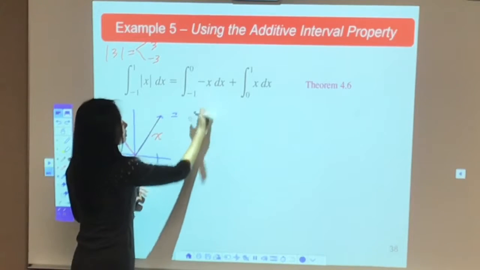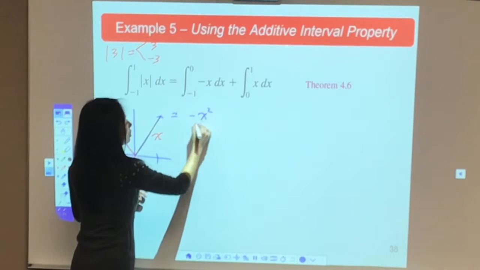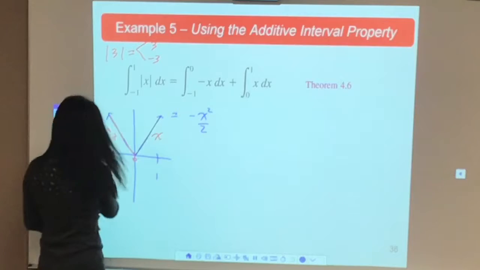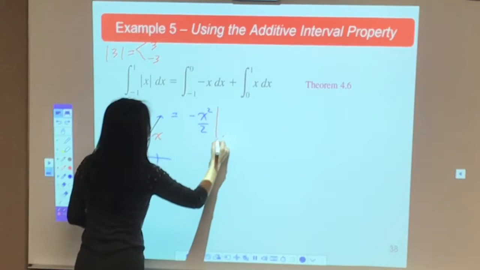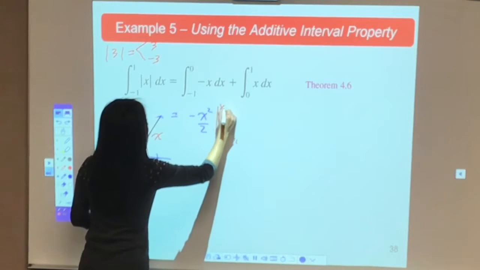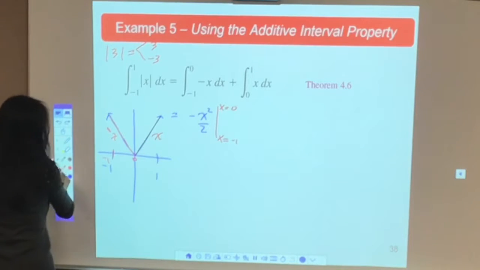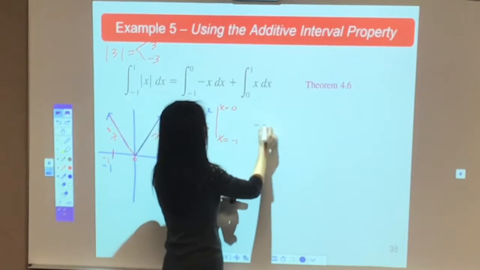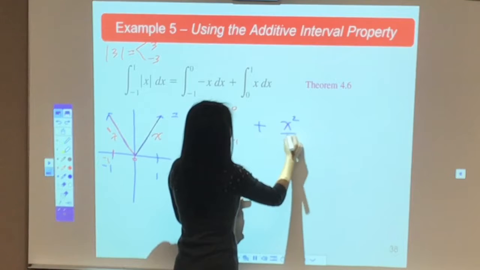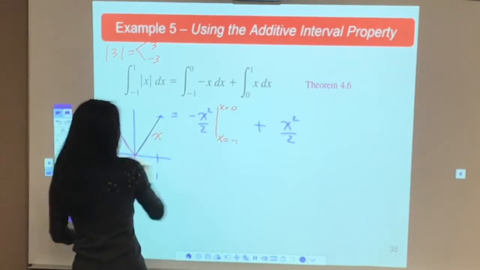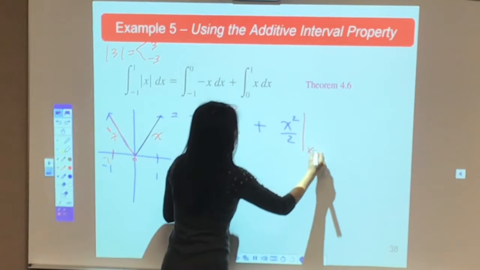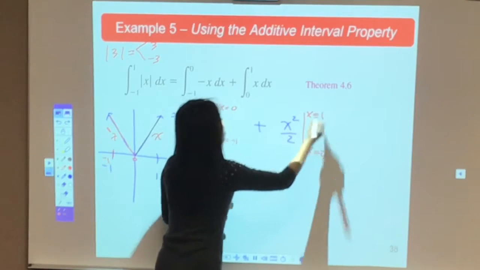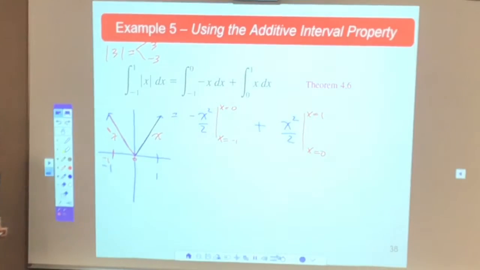So this means negative x squared divided by 2. I am going to evaluate it at x equal to negative 1 and x equal to 0. Exactly the same thing for the other one, but this time I'm going to evaluate from x equal to 0 to x equal to 1.